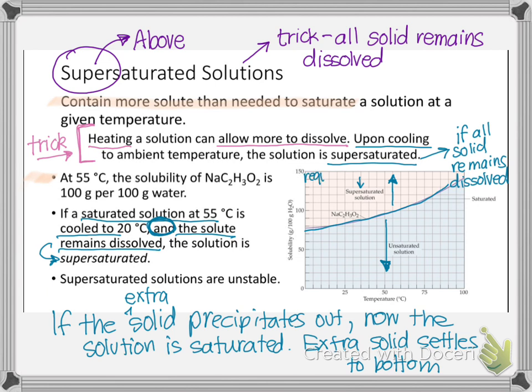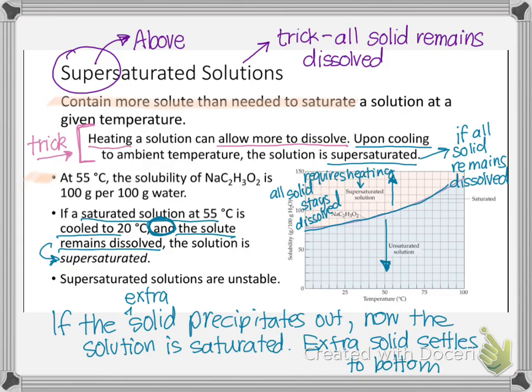It requires heating, and all the solid has to stay dissolved. Otherwise, you simply have a saturated solution, right? You can't just add above the limit and call it supersaturated. You have to add by heating and cooling, and then all the solid stays dissolved. Okay, so supersaturated is rarely the answer.